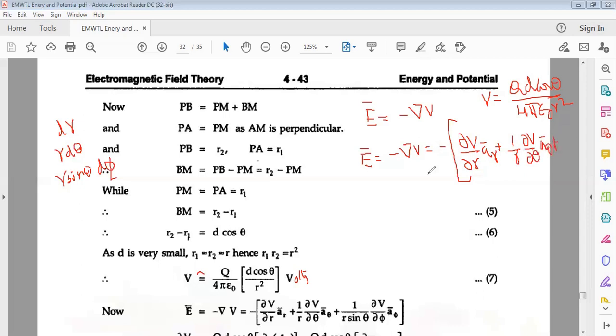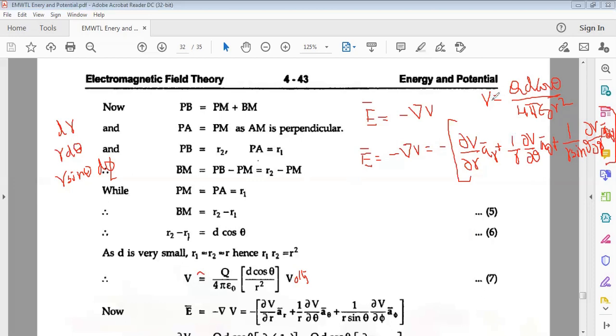And the last term is 1 by R sin theta, dou V by dou phi into a phi bar. Okay, this is del V.